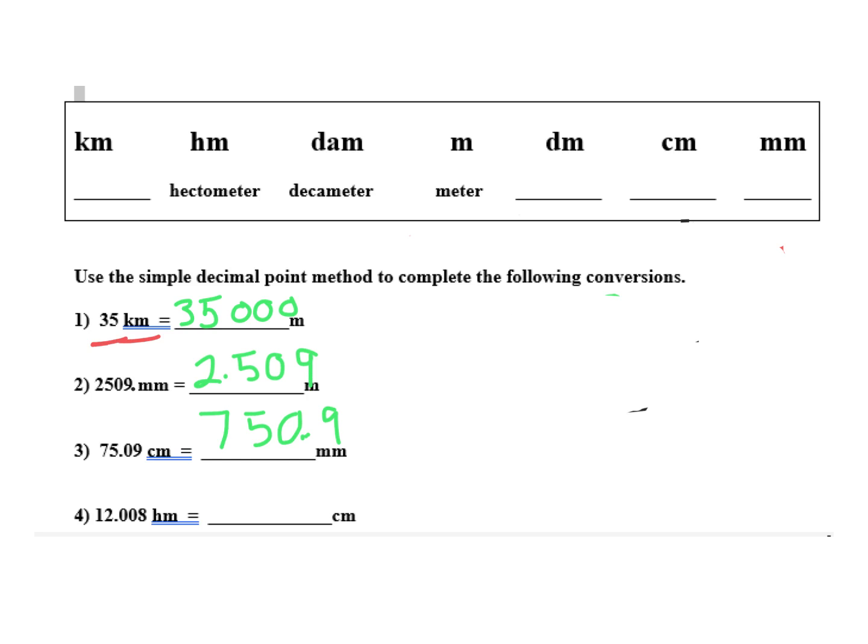Let's look at the next one. Pause and try to do it without me. So we have 12.008 hectometers. So we're going to start here, and we want to move that to centimeters over here.